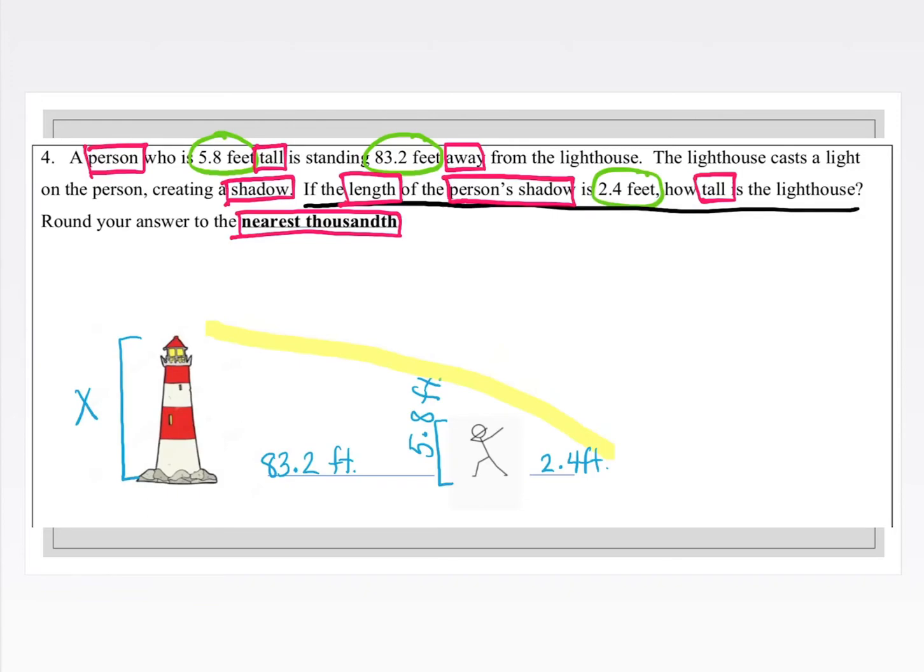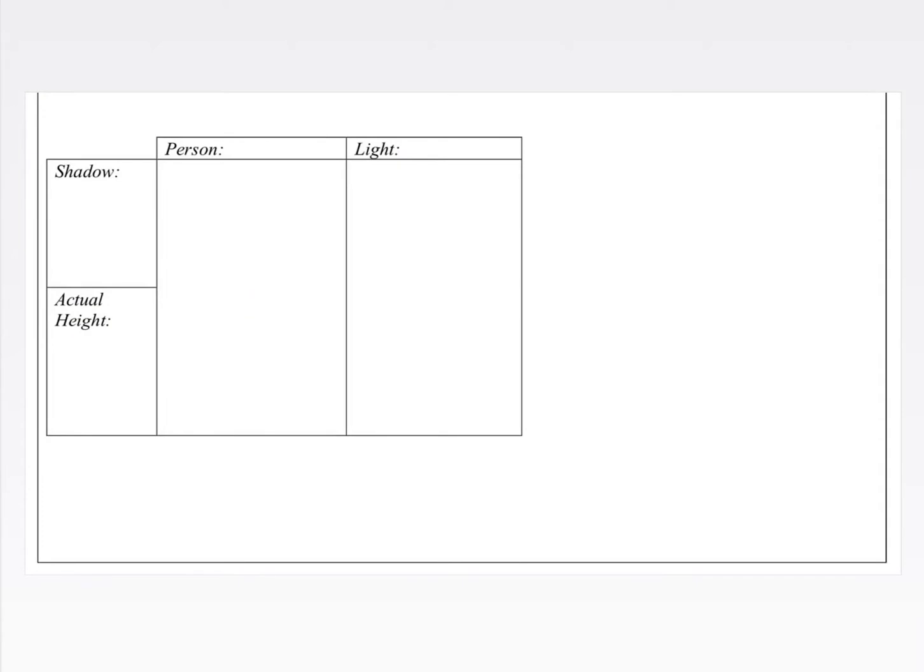Now on the next slide, I created a table, which I think will be super helpful with determining the actual height of the lighthouse. Here I created a table, so we're just going to fill in the values.